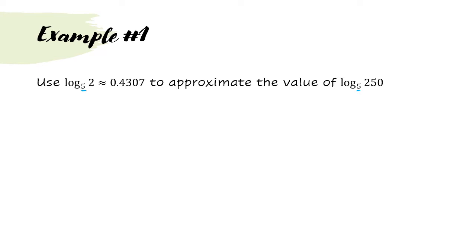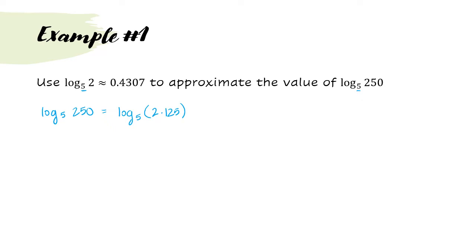In particular, I probably want to rewrite log base 5 of 250 as a product. So I might rewrite this as log base 5 of 2 times 125. That's true, 250 is equal to 2 times 125.